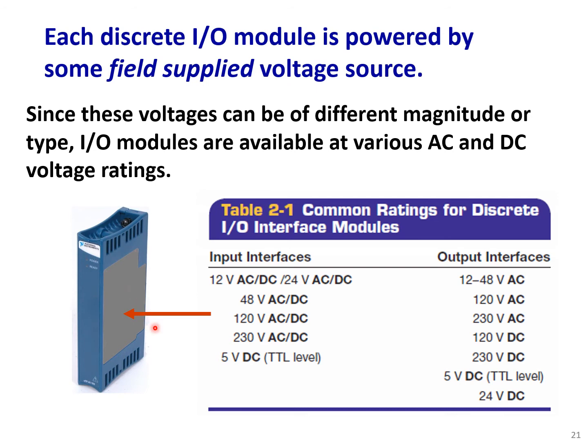So we could have one, let's say, input module of AC type and 48 volts, the other one 120 volts, the other one, let's say, DC 120 volts. So based on our sensors, based on our field devices and what they need as power and current grade, we could use different types of I/O modules.